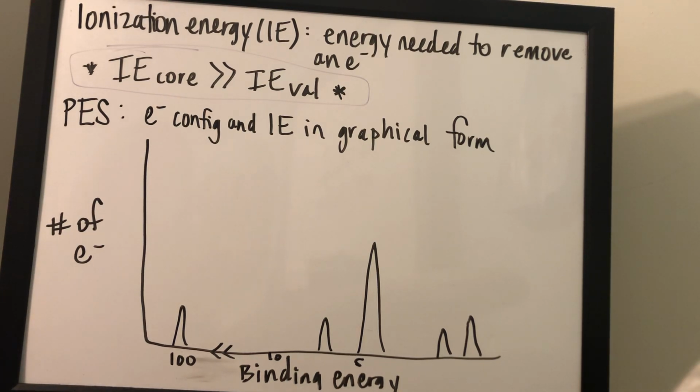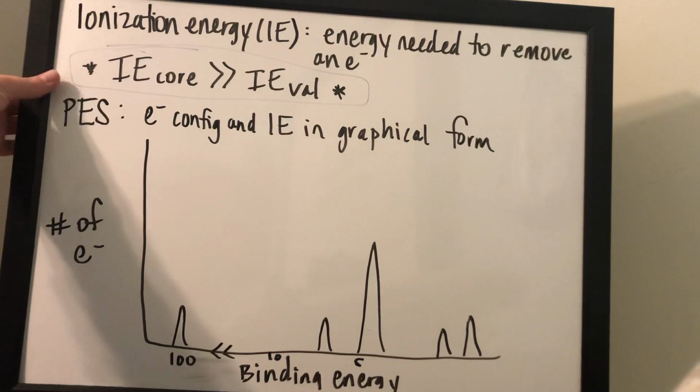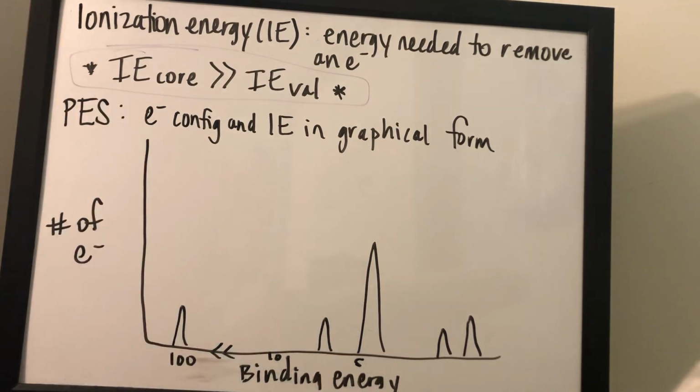Basically, this is a graph of number of electrons and their binding energy. If you think about what we talked about up top, that the ionization energy, or binding energy, of the core electrons is always much larger than the valence, then we should quickly be able to establish which end of this graph is the core and which end is the valence.